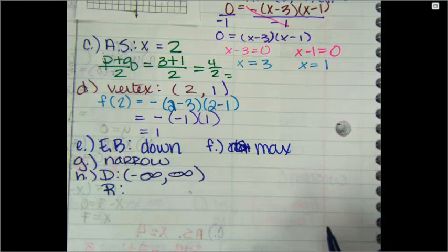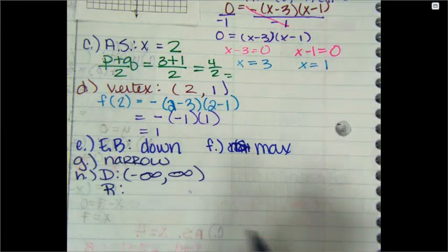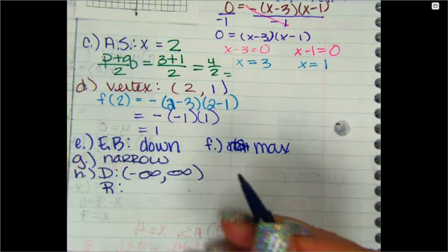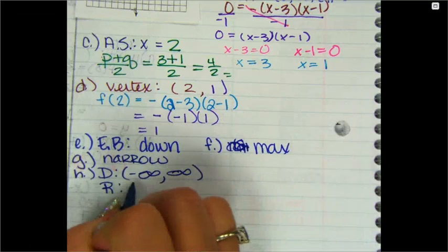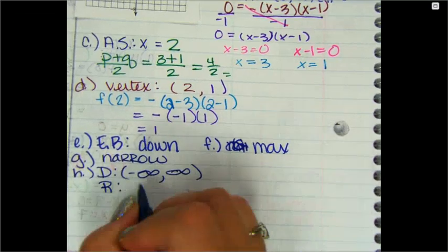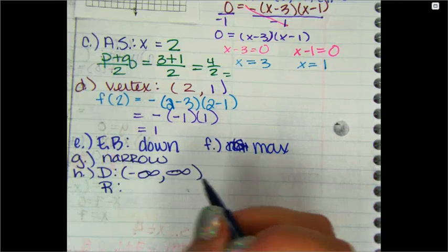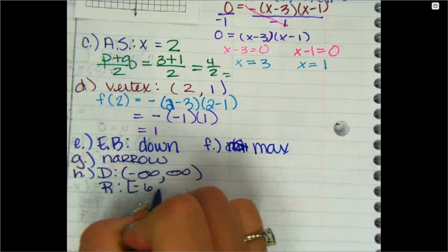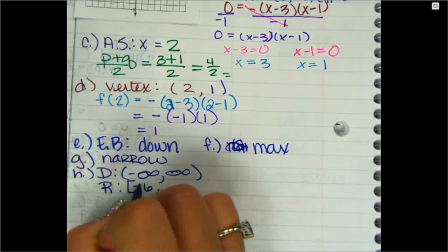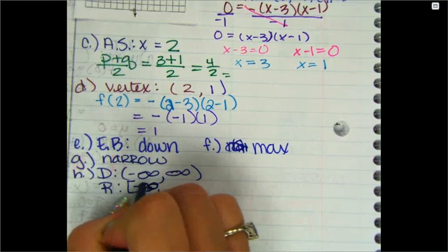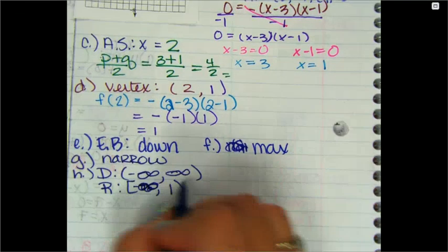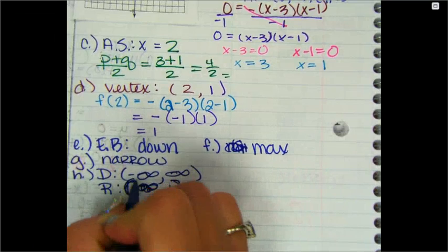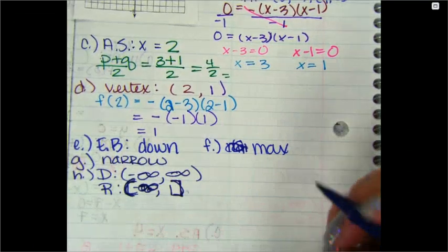Why? Okay, don't. It's fine. Don't ask for test corrections. All right, your range is what? Negative infinity to, that's not an infinity. Negative infinity to 1. I'm a hot mess right now. I was copying the other problem.